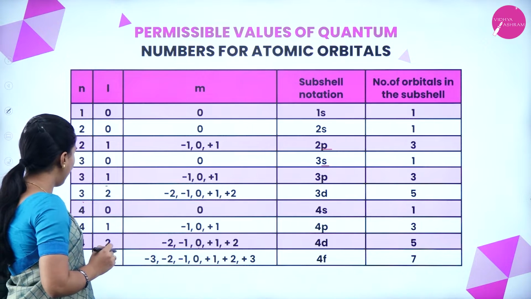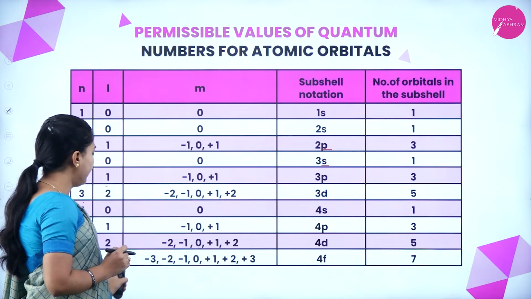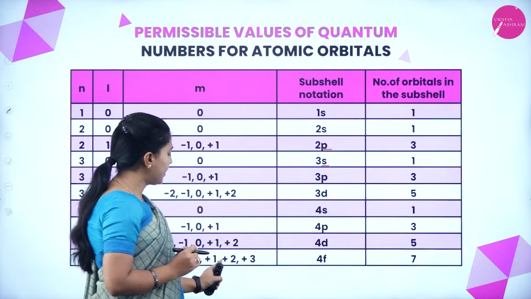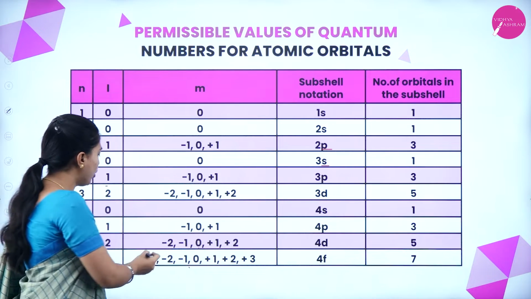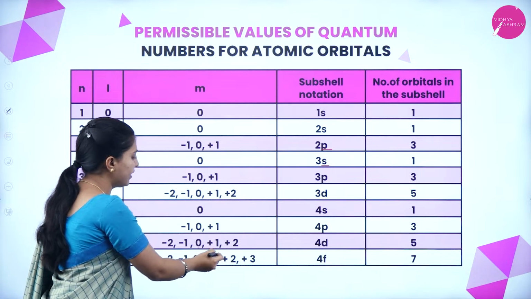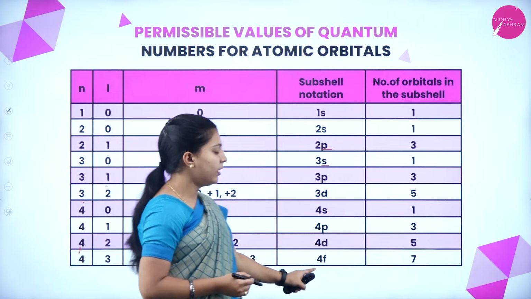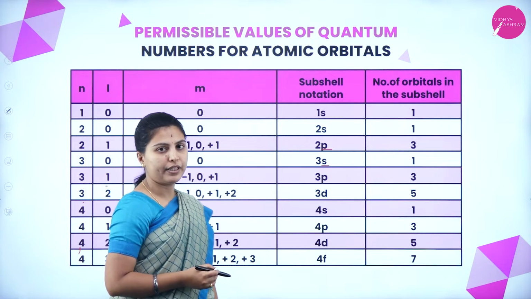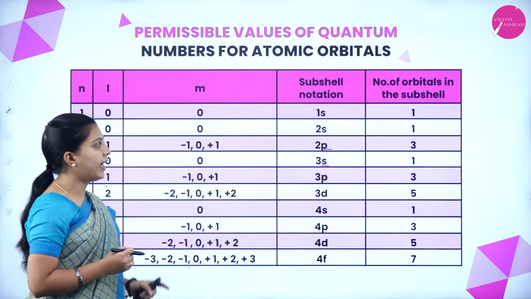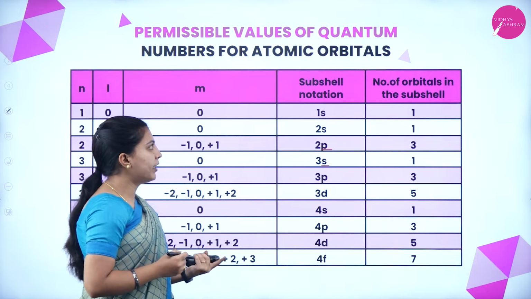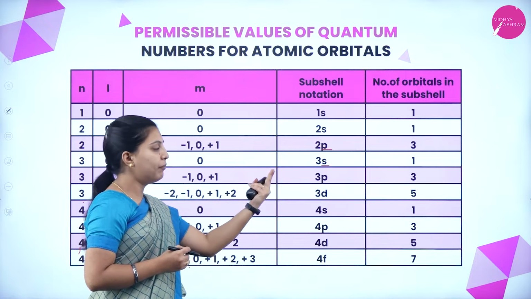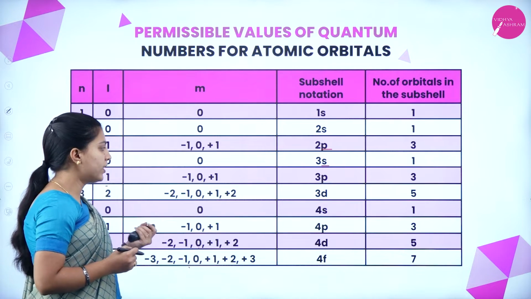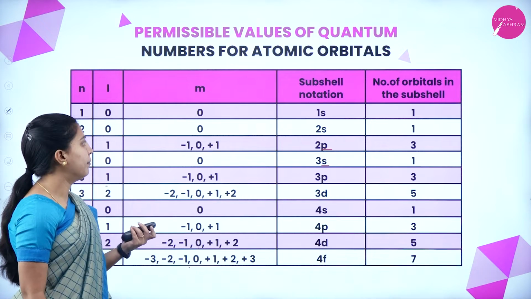When n equals 4, L equals 3, that is minus 3, minus 2, minus 1, 0, plus 1, plus 2, plus 3. Overall 7. 1, 2, 3, 4, 5, 6, 7. Then it is 4f, overall orbitals will be 7. By this table, we can see all the quantum numbers and how they help determine the number of orbitals, except the spin quantum number. We have not shown spin quantum number here.